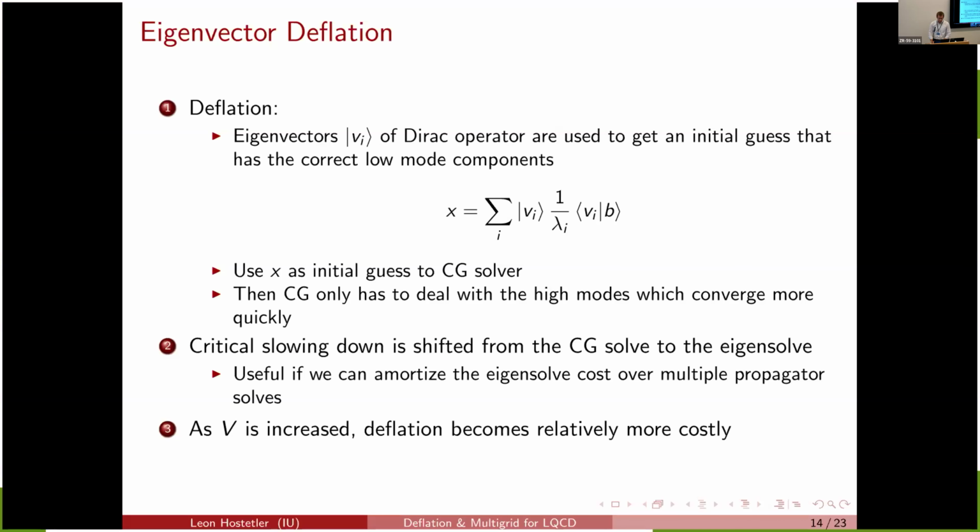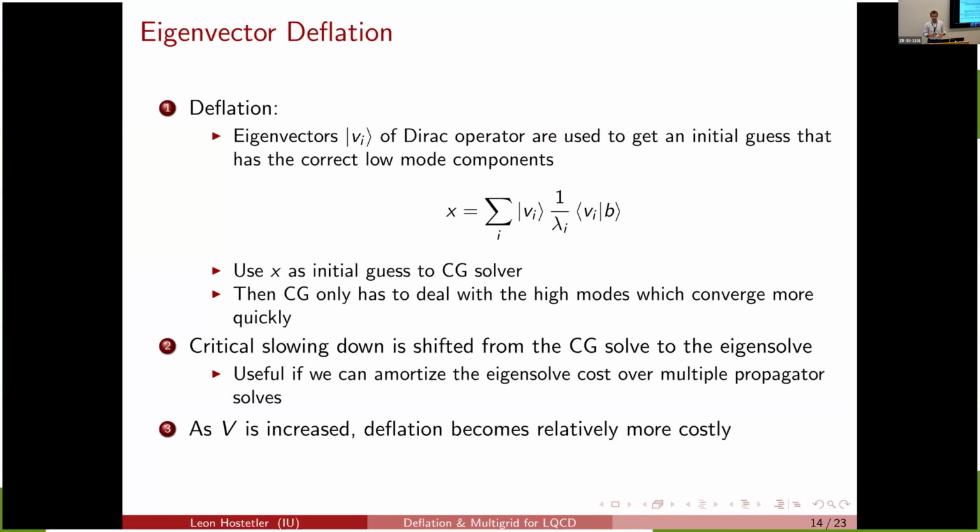All right, so with eigenvector deflation, we have some set of the low eigenmodes, meaning the eigenvectors associated with the smallest eigenvalues. And we use these to construct this projector, and we apply it to the right-hand side of our system in order to project those low modes out of the vector.